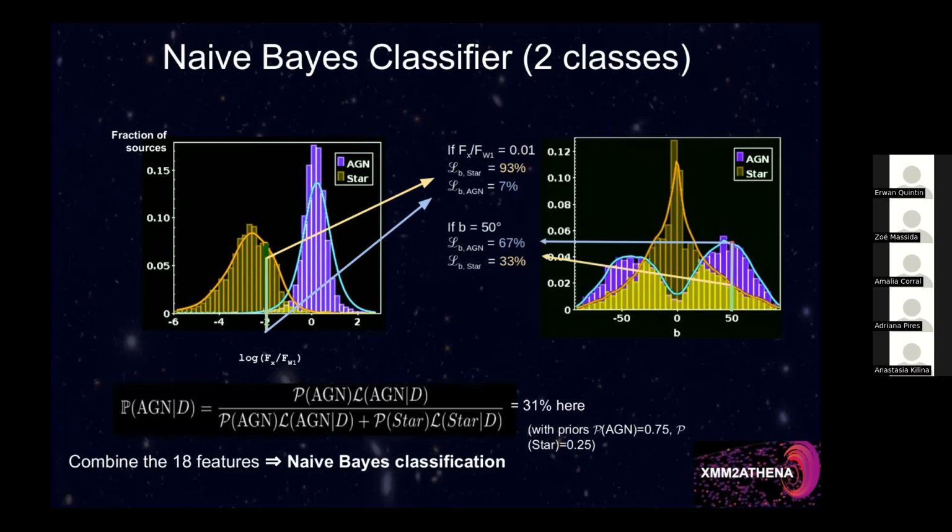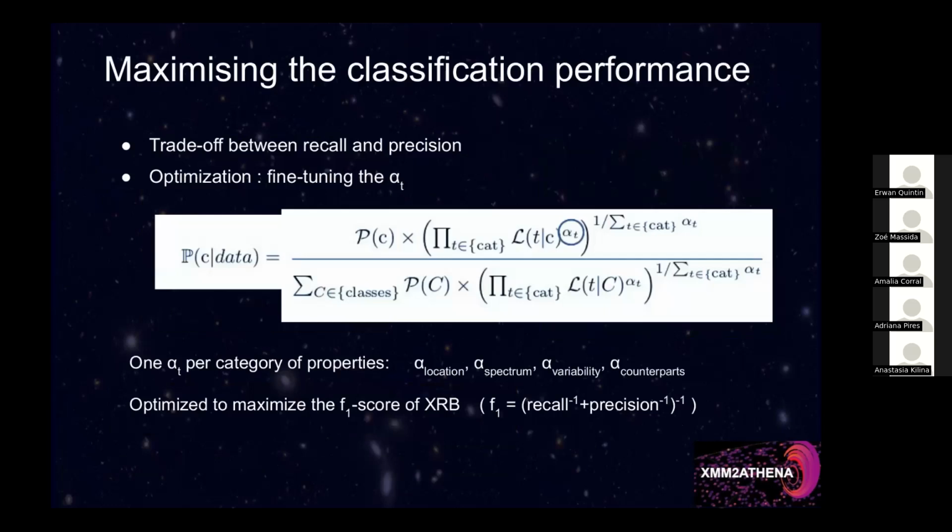The idea of the naive Bayes classifier is to combine these likelihoods using the Bayes formula for all properties of your catalog to obtain the final probability of the source belonging to each class. When you have combined the different features, you have a naive Bayes classification.